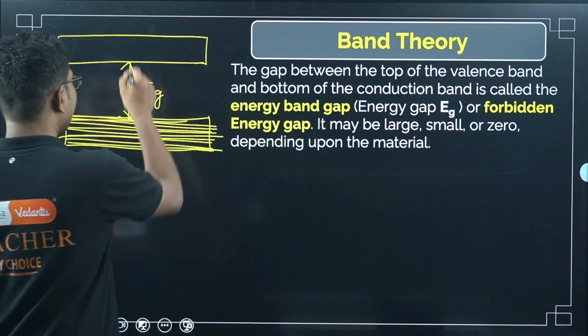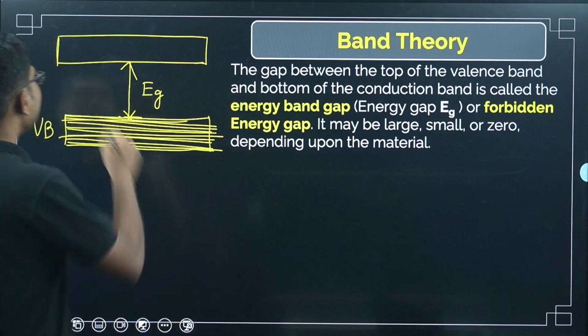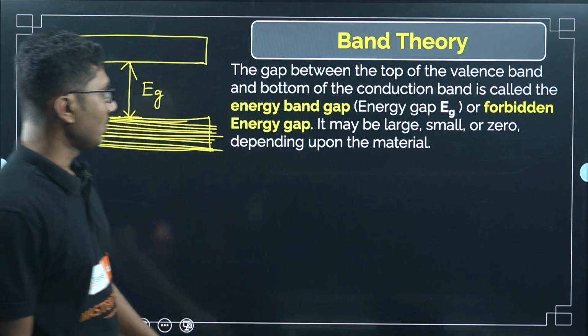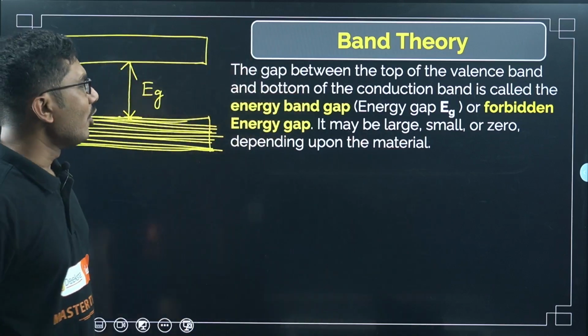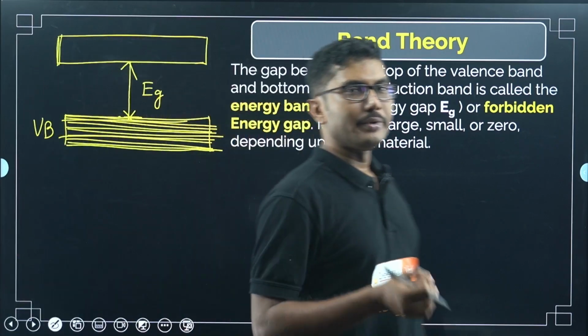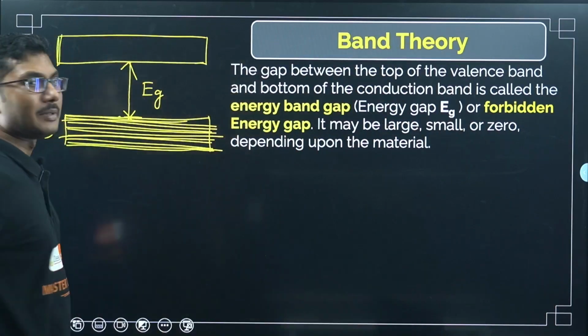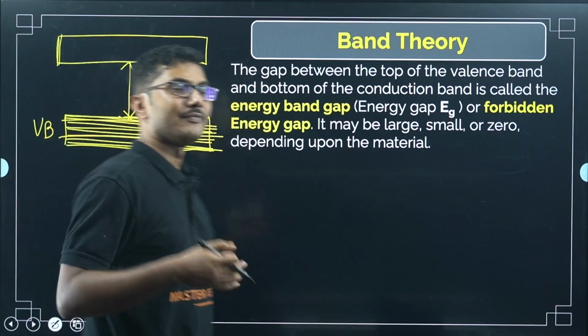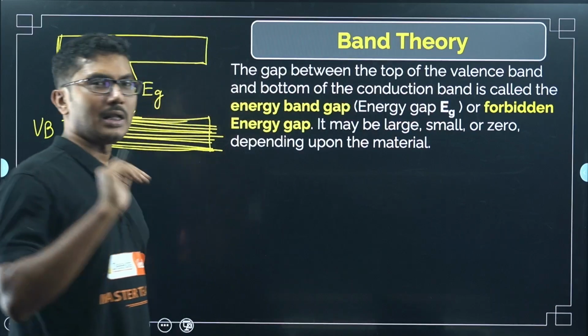This gap between the top of the valence band and bottom of the conduction band has some variation. It may be large, it may be small, it may be zero depending upon the material. We will discuss each case individually.